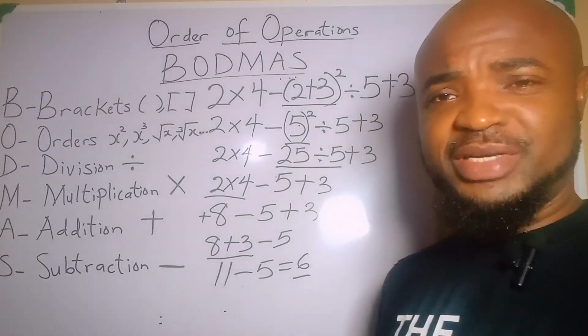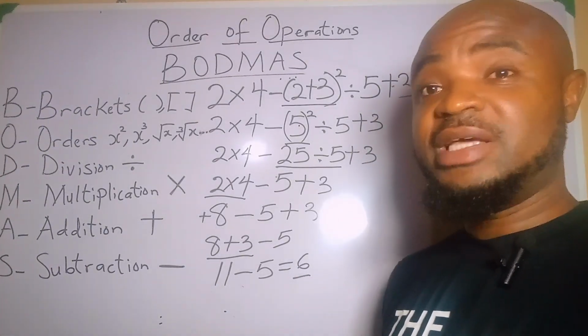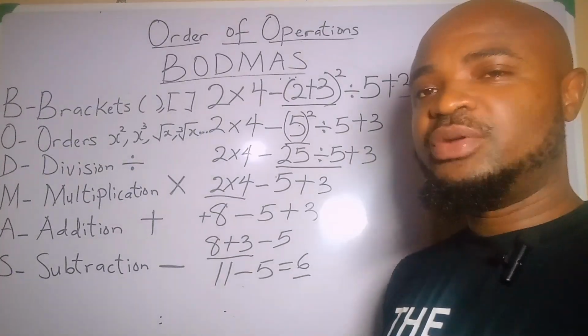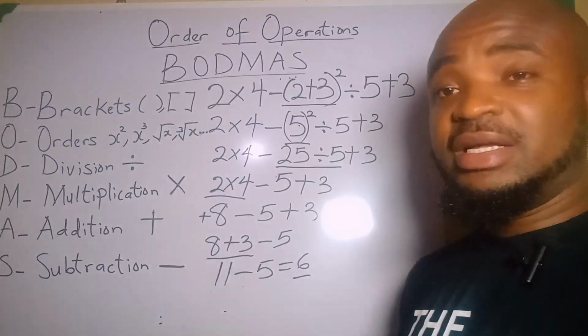I'm sure you've learned something in this class, right? Good. So I'm going to give you a take-home question to try out. Apply the principle of BODMAS and solve this question.